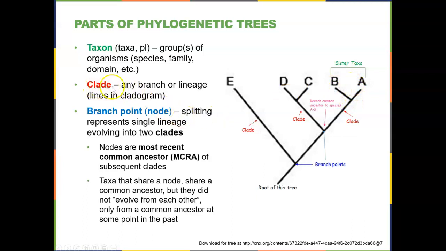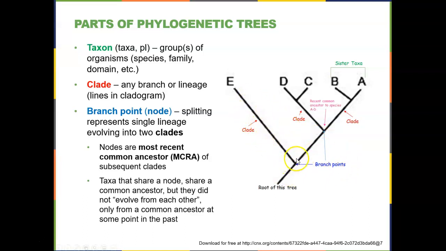Then we have the clade. The clade is the actual arm that reaches up to the taxon. So that's the clade, the lines. And because we have lines, we're going to have branch points. So here's a branch point, or a node. This demonstrates where we have a division between two taxa or multiple taxa. And so we have created two different clades.